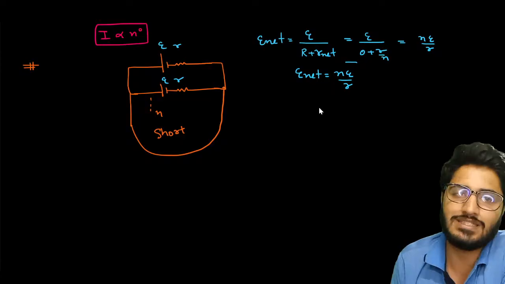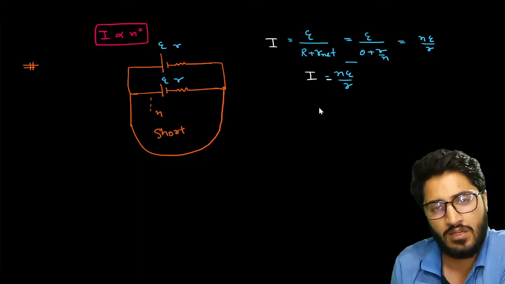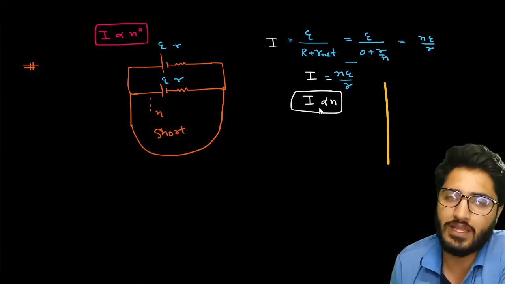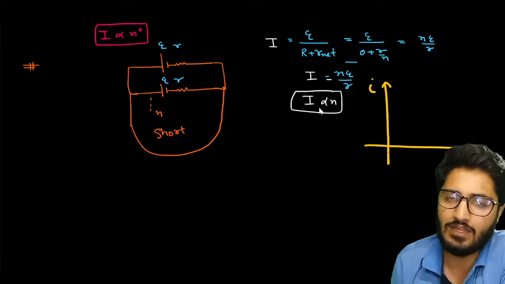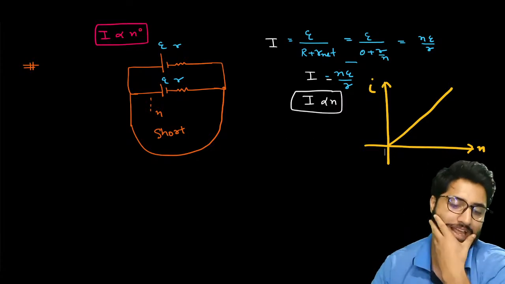Sorry, it is not E net, it is I. So I is directly proportional to n with power 1. If you need to make a graph between n and I, it will be a straight line from the origin.